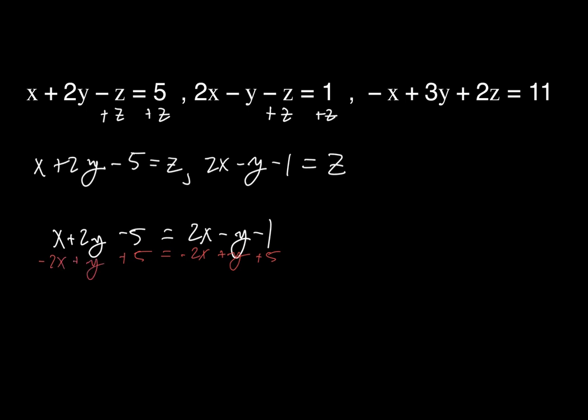So if you notice in the equal sign, those are the same values. Subtracting 2x, adding a y, adding a 5 to both sides of the equation will give me negative x plus 3y plus 0 equals 4.